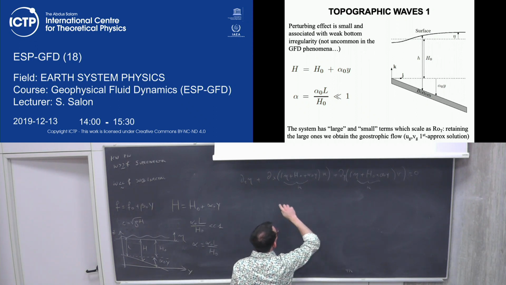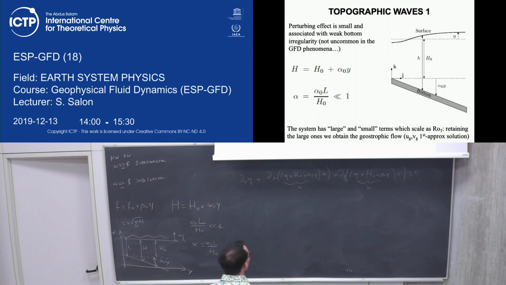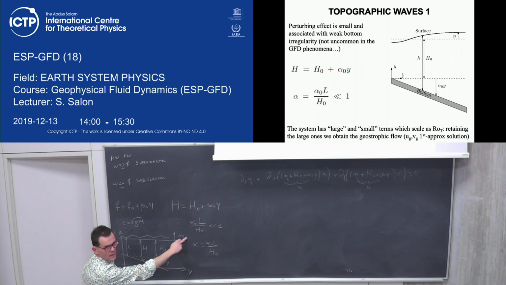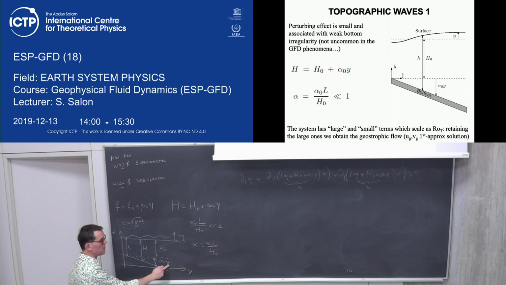If we express each single term, first eta. Eta is a function of t, yes? And what else is eta dependent on, x and what? Yes. In the most general case, eta is a function of x, y, and t, and h0 is constant, and alpha 0 is a constant, but it must be multiplied by y.